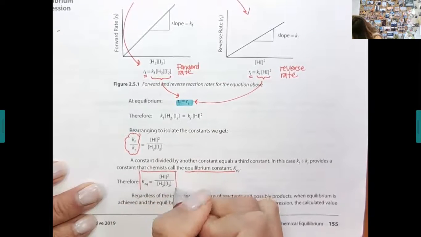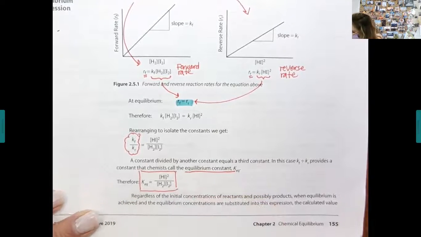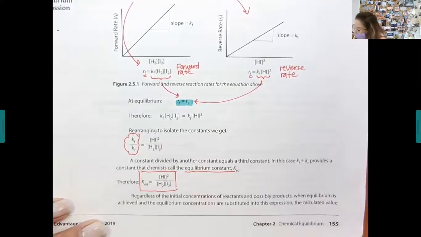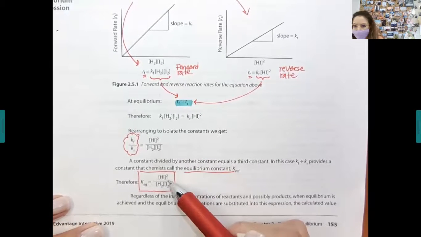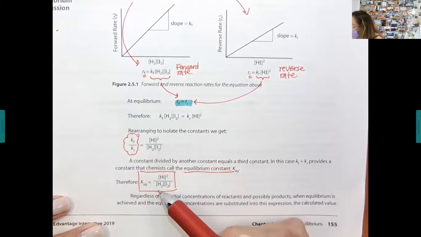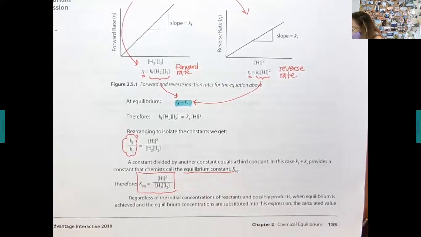The equilibrium constant is equal to the concentration of the product raised to the power of its coefficient divided by the concentrations of the reactants multiplied by each other raised to the power of their coefficients, okay?